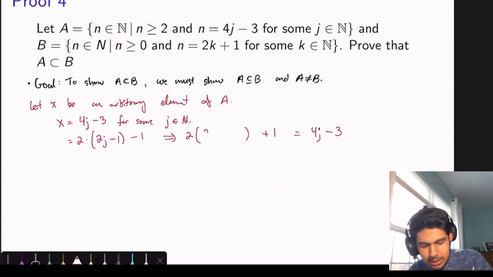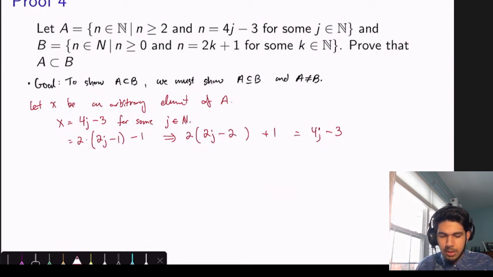So this inside should be 2j minus 2. Okay. So we've gotten it into this form, 2 times (2j minus 2) plus 1, that's equal to 4j minus 3. So we're kind of in this form.